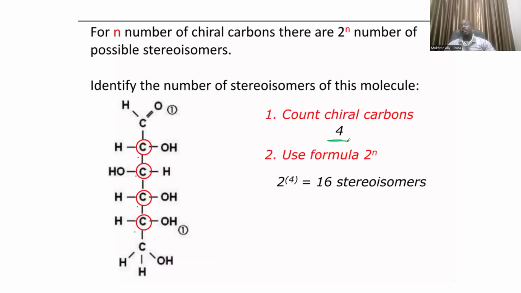To find the possible number of enantiomeric forms of glucose, we calculate the number of stereoisomers using 2 to the power n, where n is the number of chiral carbons. Here we have 2 to the power 4, which is 16 stereoisomers, meaning a total of 16 enantiomeric forms of glucose.